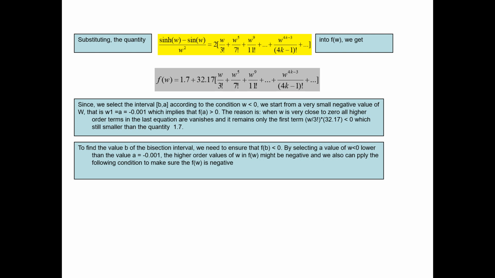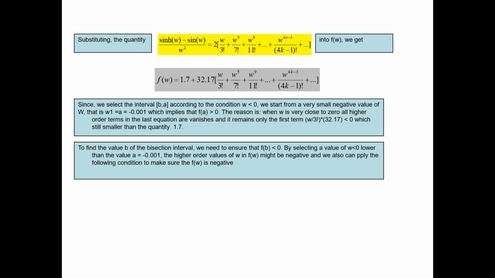So the higher order parts may not all vanish, and some of them may be negative. So also we can control the first term in the expansion so that the value of f of w is negative.